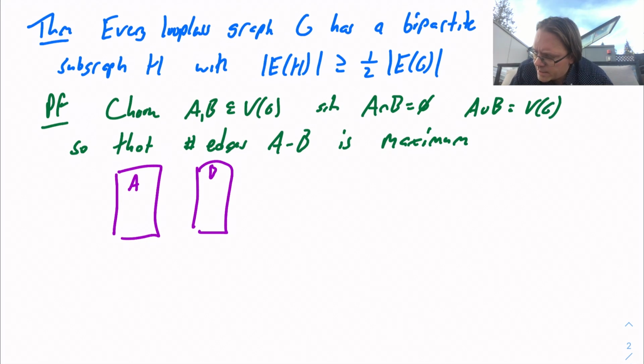Okay, so let's think about a vertex over here in A. Let's call it V. And let's think about the edges incident with V. They now come in two types. There are some that have both ends in A and some that have both ends in B. So I'm just going to say let V be in A.